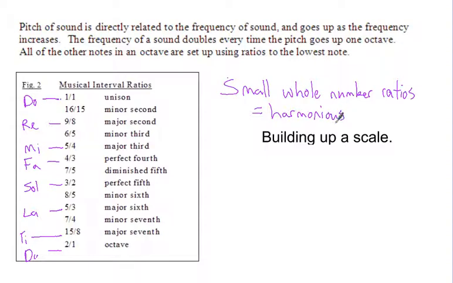So if you look at what notes on the scale sound good together, certainly the lowest note and the highest note with a 2-to-1 ratio, you can't get a lower ratio than that, although I suppose 1-to-1, the note with itself, sounds great. But that is going to sound harmonious. The next most harmonious increment would be unison with the perfect fifth, with that 2-to-3 ratio.